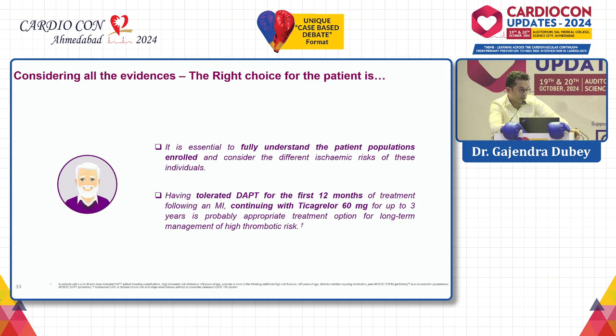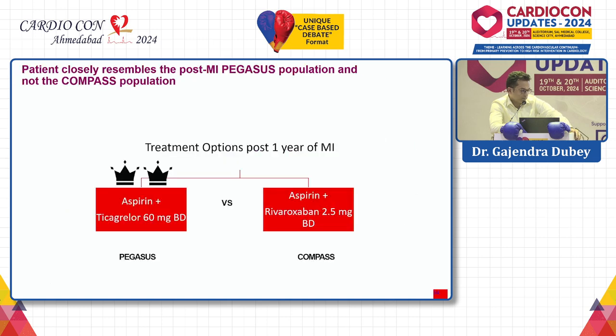So given all the evidence, the right choice for the patient is ticagrelor, or we may consider continuing aspirin also. These are the two options. I think the patient is probably likely to benefit in terms of ischemic outcomes with both the therapies.